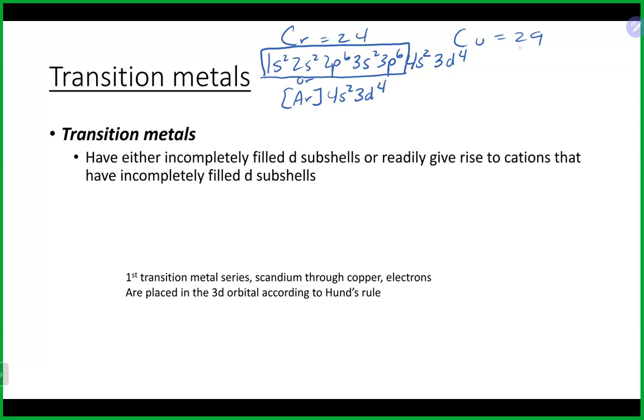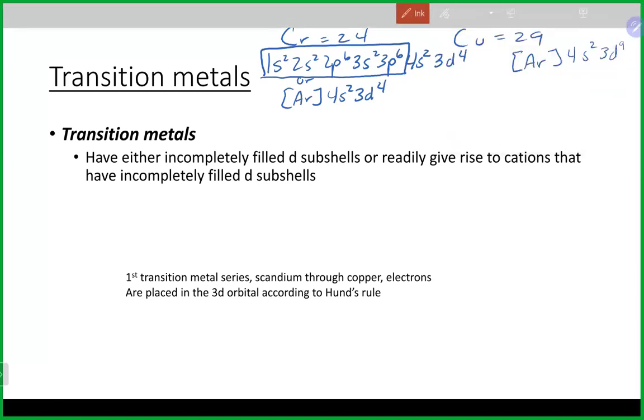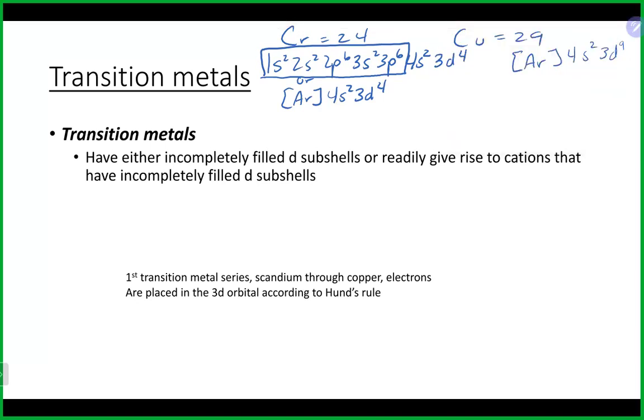Now, if you did that for copper, it would look similar. If you followed the zigzag, you would end up with argon 4s2 3d9. Now, it's been found experimentally that these two, there's actually more, but we just talk about these two, are more stable with one more electron in the d orbital and one less electron in the s.